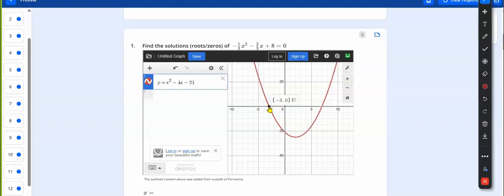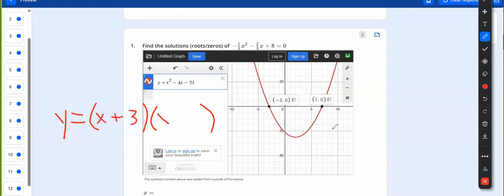Then I would take a look at my picture and find my two x-intercepts, and then I would actually do my factoring. So what does my factored form have to look like? X plus 3 and x minus 7. That is true. Now let me go back and look at number 5.